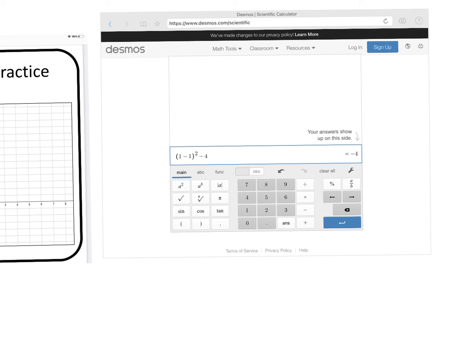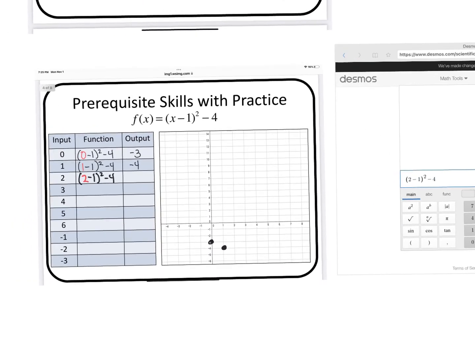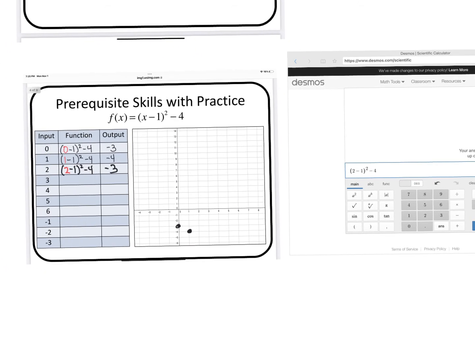So we would go over here, change that to a 2, and you can see that's going to return a negative 3. So when I plug in 2, I get a negative 3 out.